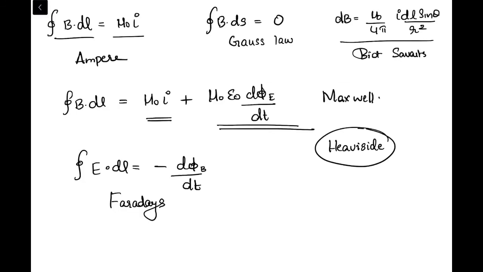At that time we used to call them Maxwell-Heaviside equations, but later on the name Heaviside was forgotten, and we came to one single name, James Clerk Maxwell. Understood? So don't forget this eminent personality who contributed a lot to combining all these equations of electricity and magnetism into one single concept, which is electromagnetism.